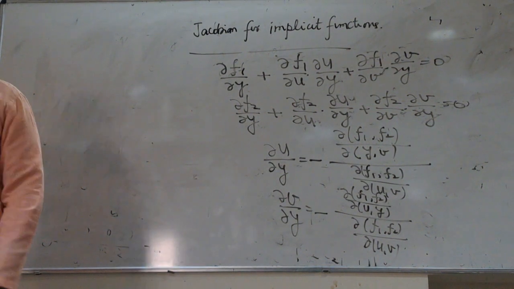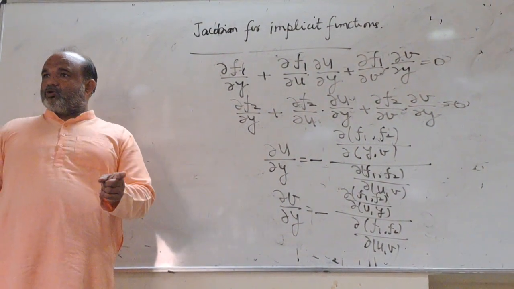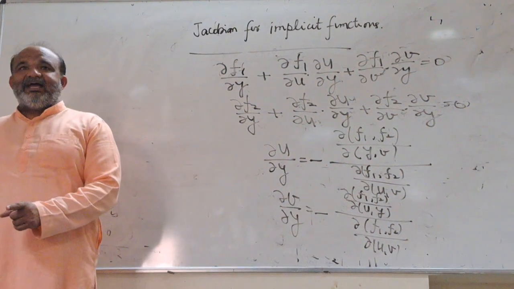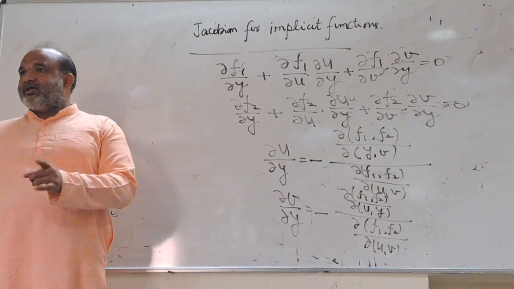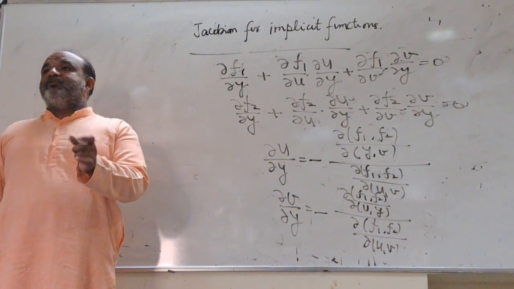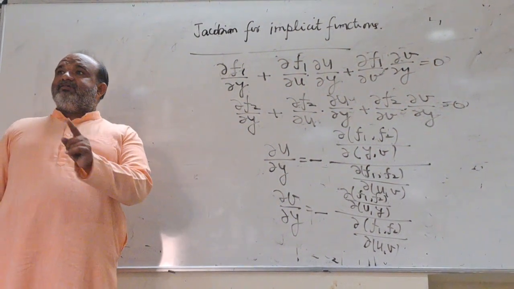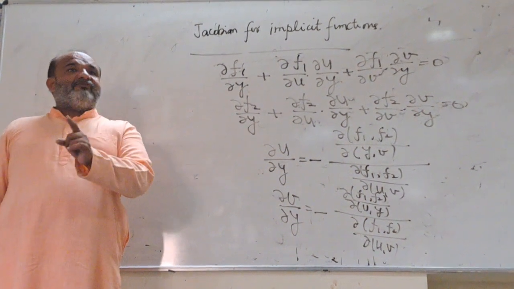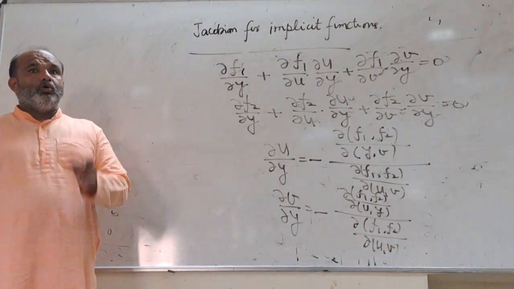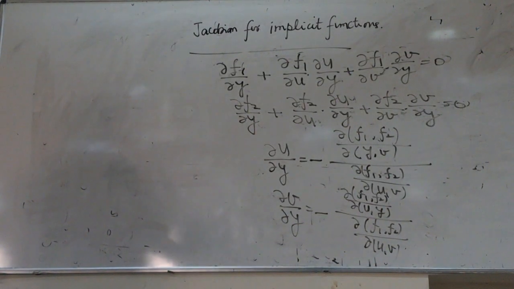Only the numerator. So for del v over del x, that will be the Jacobian of the same f1 and f2 with respect to u and x. Is it okay? Then for del u over del y, numerator Jacobian of f1 f2 with respect to y and v, and then del v over del y, Jacobian of f1 f2 with respect to u and y. Is it clear? The denominator is always the same, Jacobian of f1 f2 with respect to u and v.